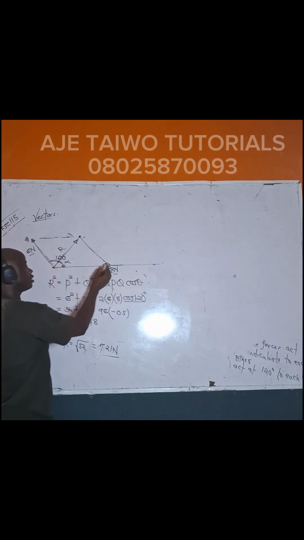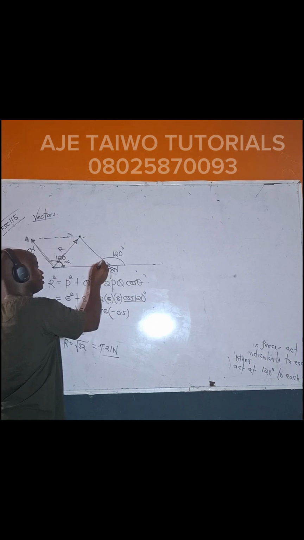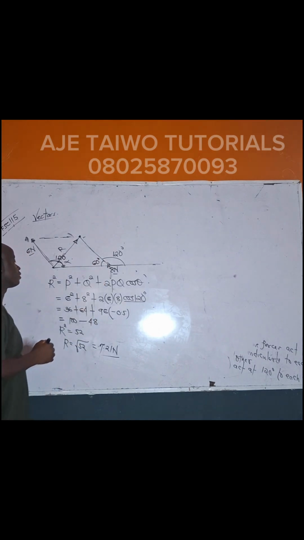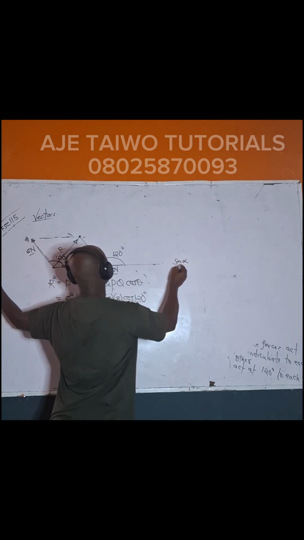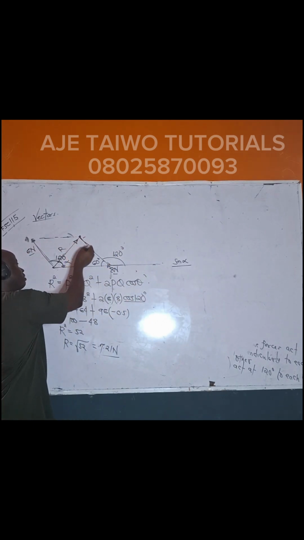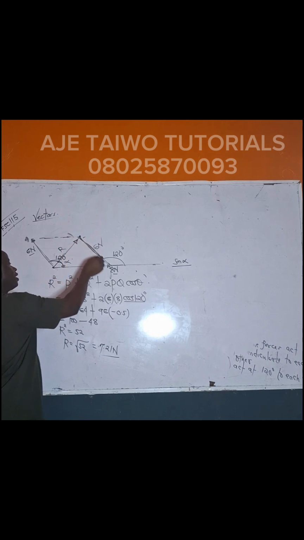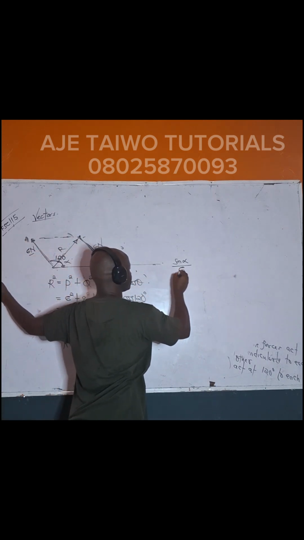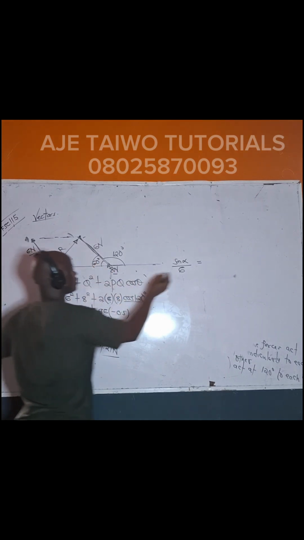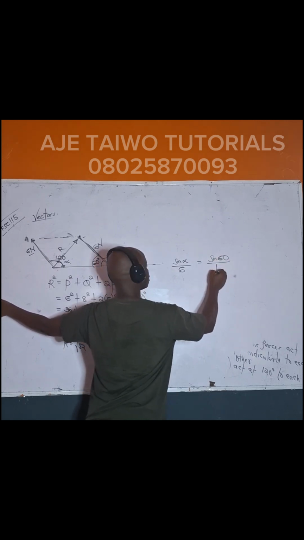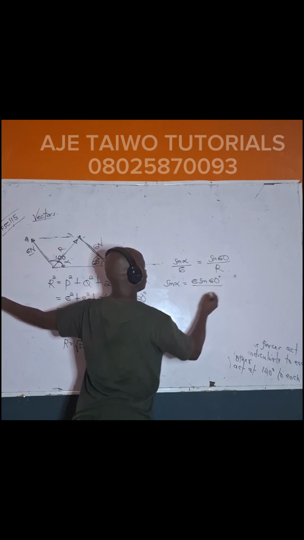So if you make angle 120 here, here too we make angle 120, and this angle is 60. So we now have sine alpha over what's facing this place, 6 Newtons, equals sine 60 over R. Your own can be 8, it depends on how you draw it.